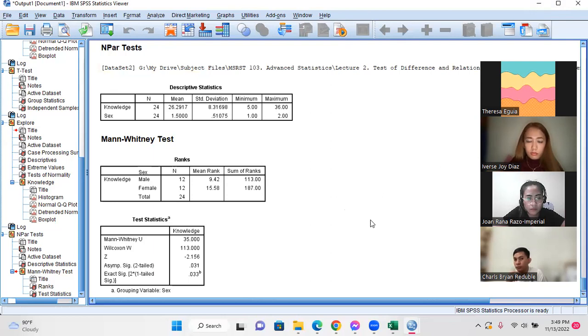Okay, so we are done with the independent t-test and the Mann-Whitney U. So, by the way, I will teach you on how to normalize an abnormal distribution. Pero, hindi ito masyadong ginagawa.